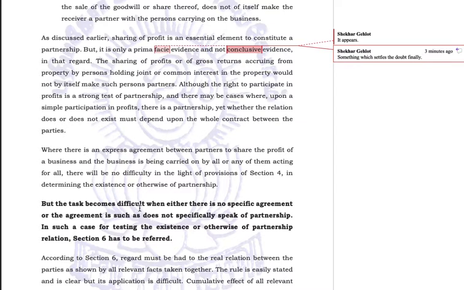But the task becomes difficult when there is no specific agreement, when only an oral agreement is there. Okay, no specific agreement means only an oral agreement.